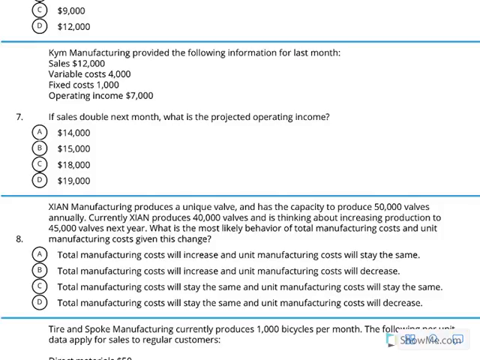Kim Manufacturing provided the following information last month. Sales, 12,000, variable cost 4,000, fixed 1,000, operating income 7,000. If sales double, what is the projected operating income? Well, okay, then we just do the same as we did before. Sales double from 12,000 to 24,000. Variable cost will also double, so it will go to 8,000.